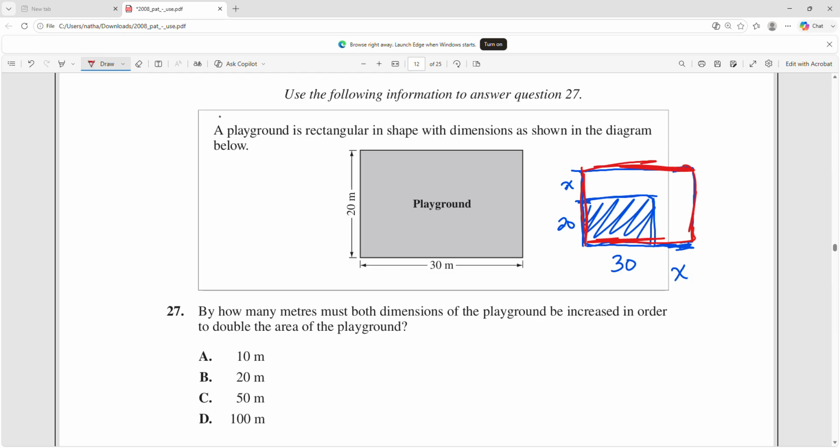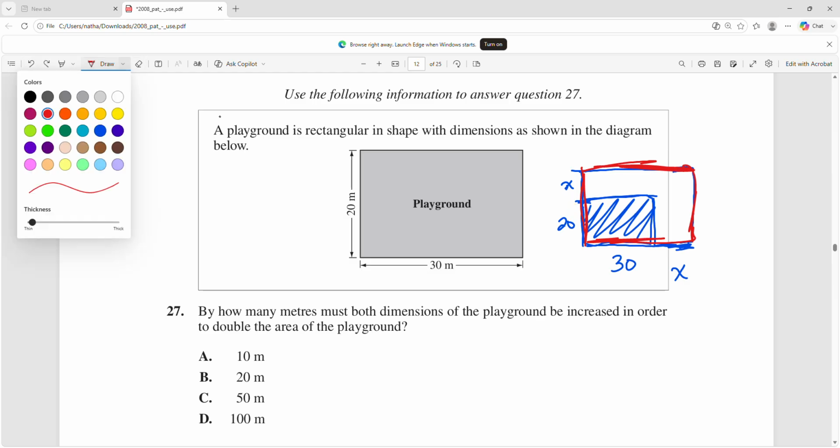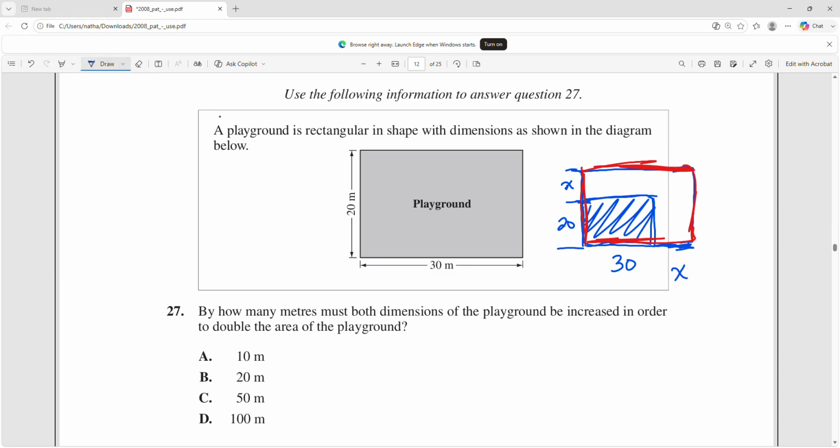My new playground is 20 meters plus X, plus some unknown amount, and 30 meters plus some unknown amount. Our playground was 600 meters squared, and our new playground is going to be double that, so 1200 meters squared. 2 times 600 is 1200.